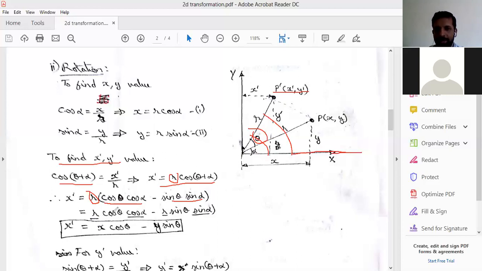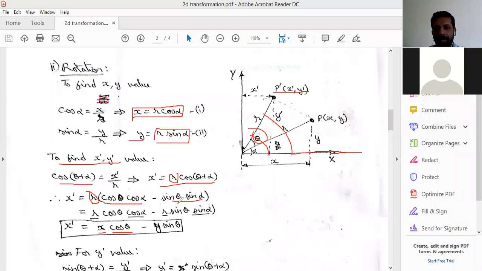But if we are going to simplify it, r cos alpha, we already know, stands for the value of x. So we can rewrite r cos alpha as x, and the remaining is cos theta. Then the next thing is r sin theta sin alpha. So r sin alpha we have here will be denoted by y.